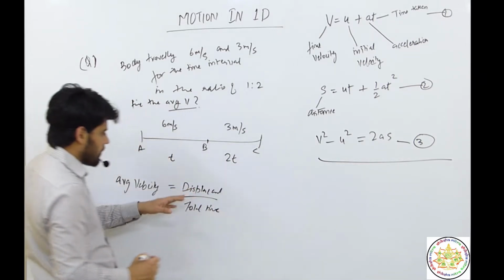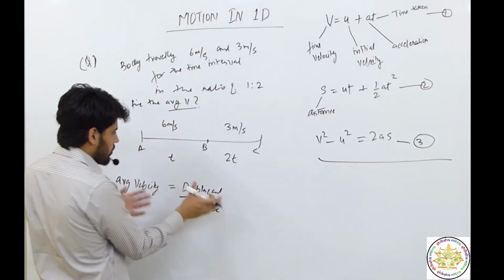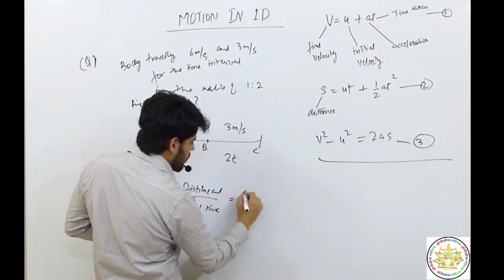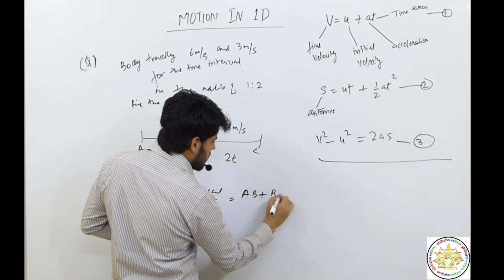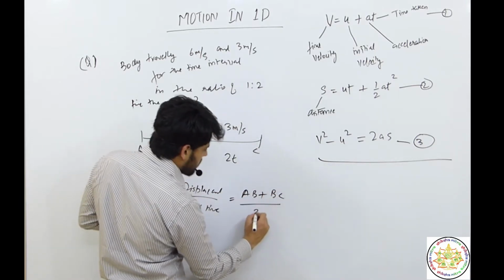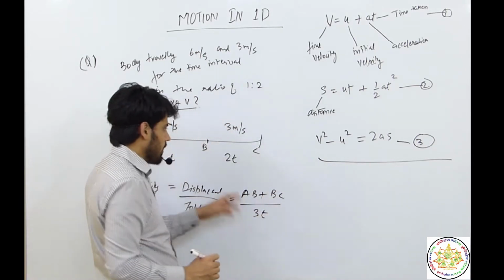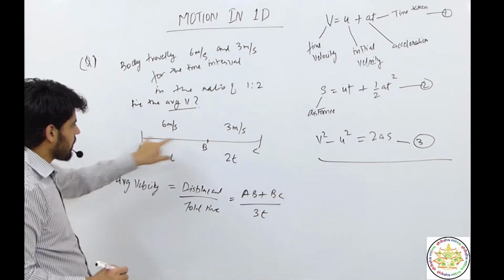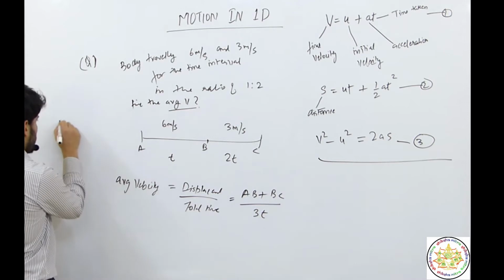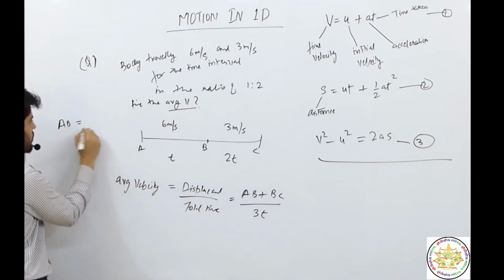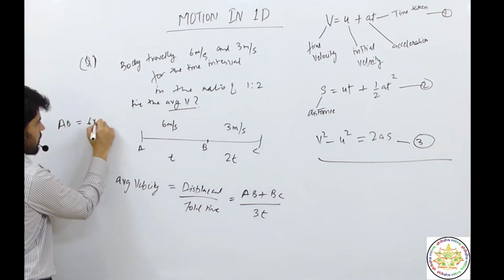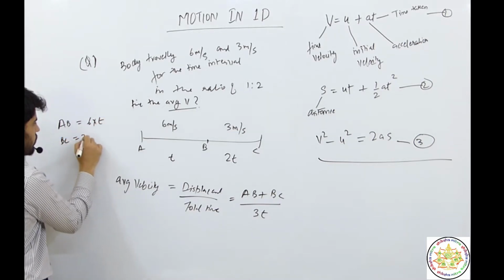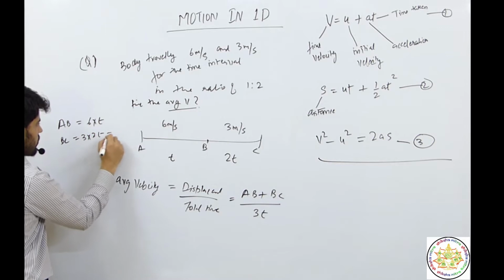So what is the displacement? Displacement or distance is AB plus BC, divided by the total time, which is 3t. Fine. How to calculate AB? There is no acceleration, so the distance AB will be speed into time. So AB is equal to 6 into t, and BC is equal to 3 into 2t, which is 6t.